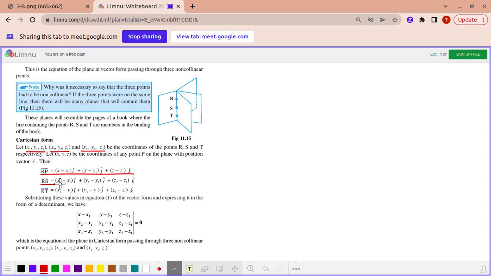Similarly, we find the RS vector, position vector of the point S minus position vector of the point R, and RT vector, that is position vector of the point T minus position vector of the point R, correct. And what is the equation? PR, here I can write RP also, RP vector dot RS vector cross RT vector is equal to 0, na?